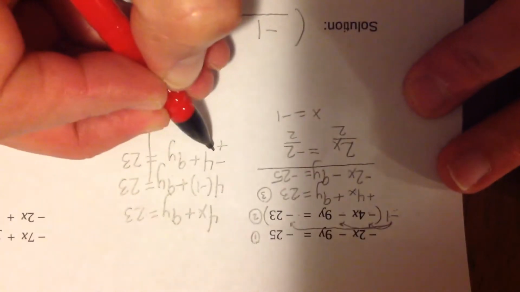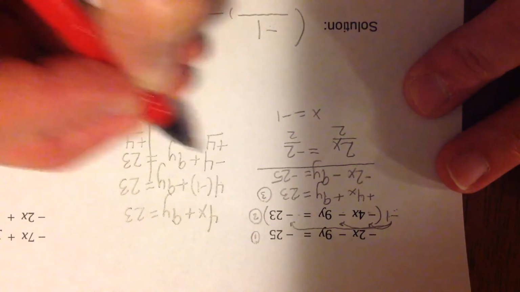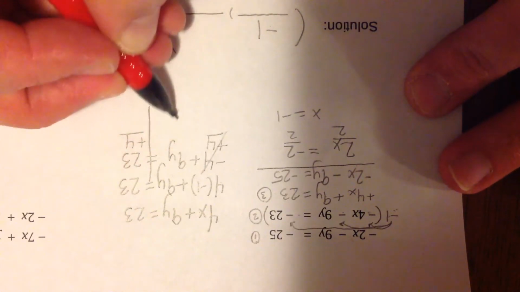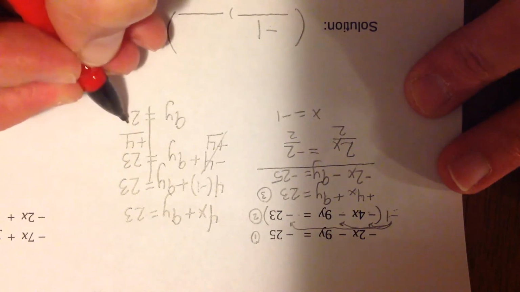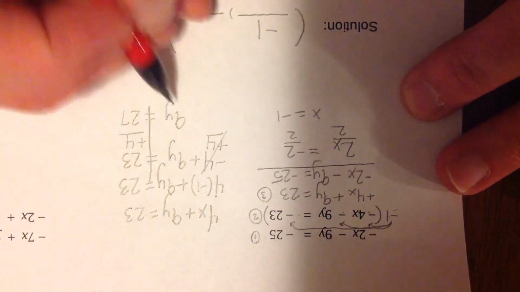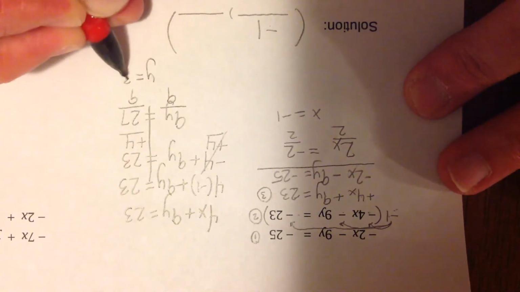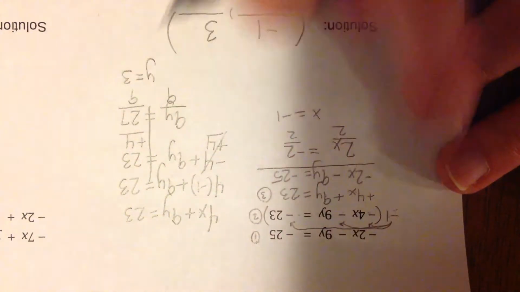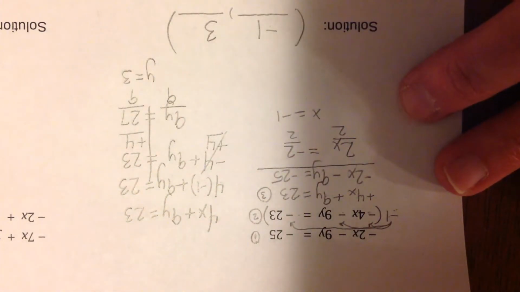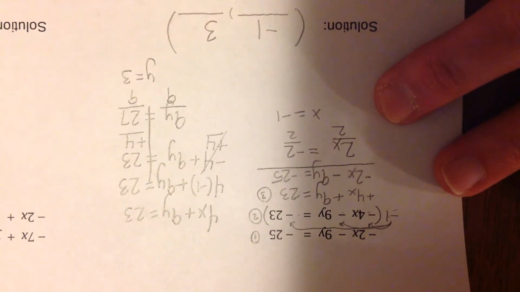I get rid of -4 by adding 4. -4 plus 4 is a 0 pair, leaving me with 9y here. 23 plus 4 is 27. Now to solve for y, I divide by 9, and y equals 3. If I were to graph these two lines on a coordinate plane, they would cross at the point -1, 3.